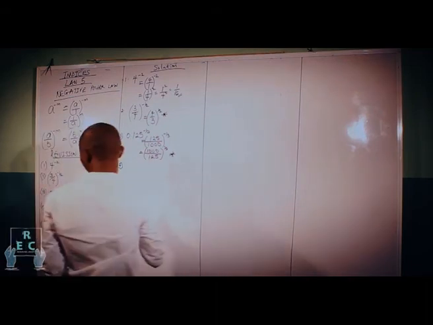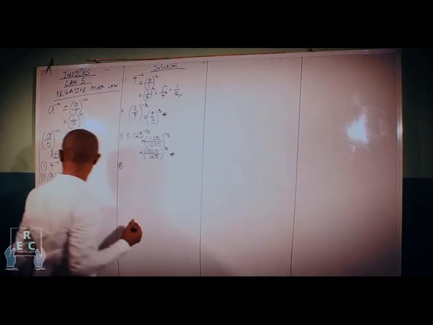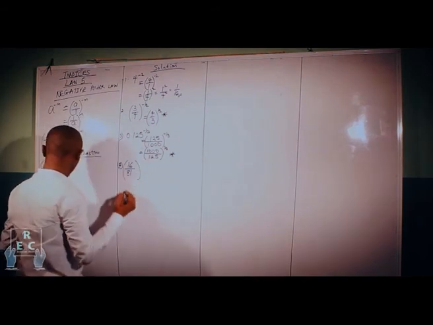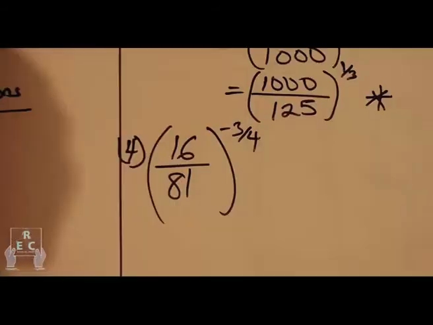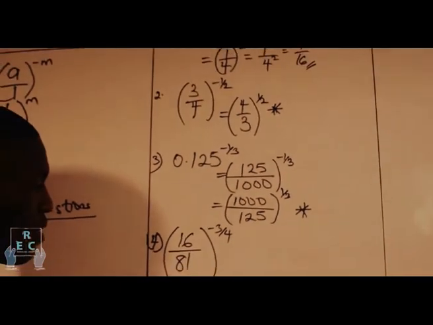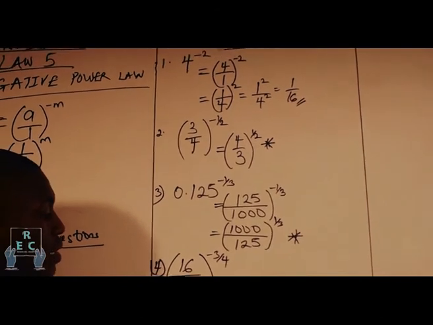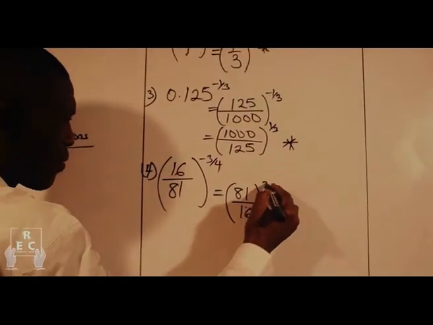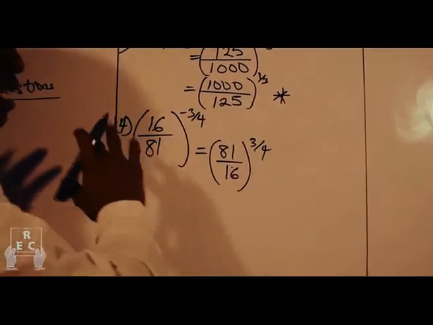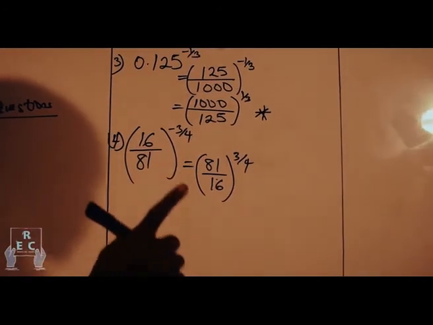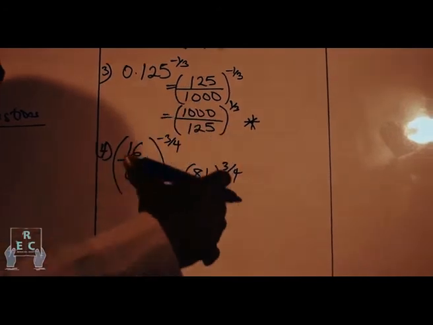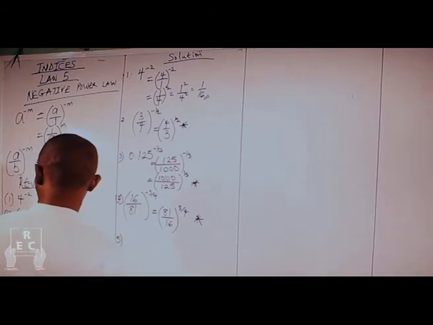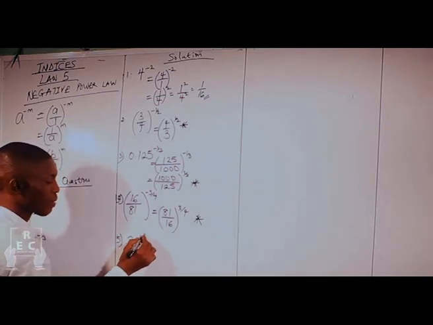For example 4, 16 over 81 in brackets raised to minus 3 over 4. By now you should have solved this before I complete it. It's 81 over 16 raised to the power of 3 over 4. Don't say minus again. The minus is eliminated completely. For now we will not finish this, because another law will address it, so asterisk. Then the fifth one, that's 27 raised to minus 2 over 3.